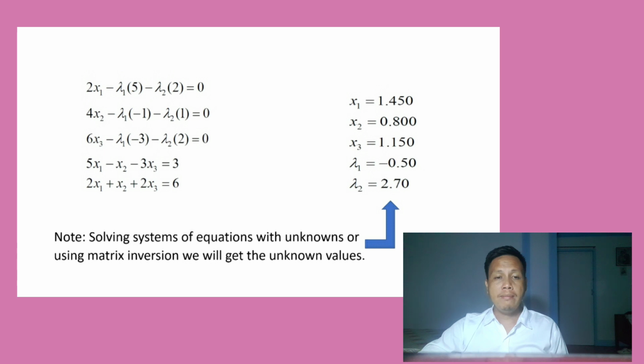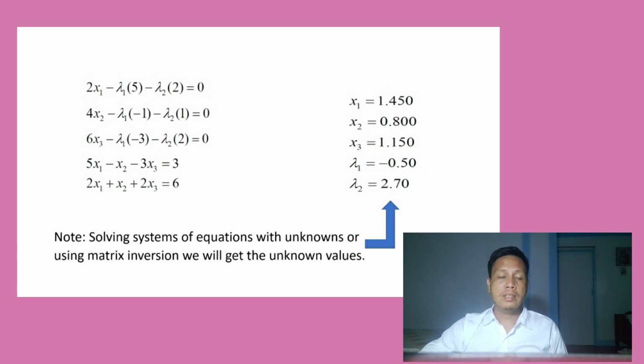This 5 is the derivative of negative 5x sub 1. And this 2, lambda 2 times 2, is the derivative of 2x sub 1.